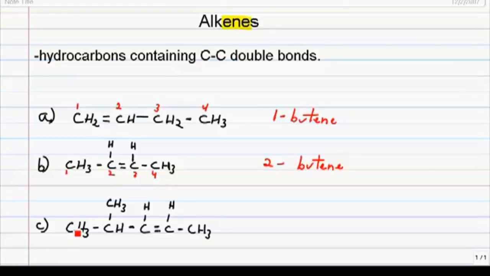And in the third example, we number and we have 5 carbons. So in this case it will be pentene.